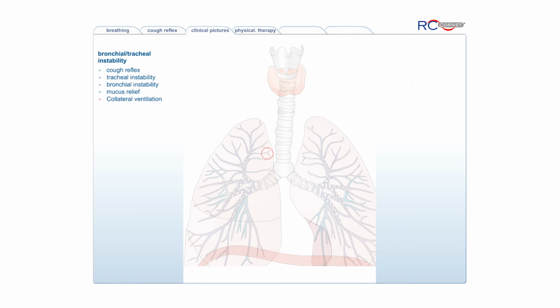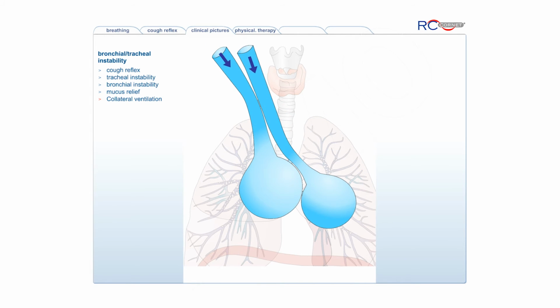Collateral ventilation. Through the closure of the bronchus with mucus, we have a missing ventilation of the underlying pulmonary section. This is called atelectasis. The bronchial tree has so-called collateral ventilation bypass connections. Under normal circumstances, those connections are closed.